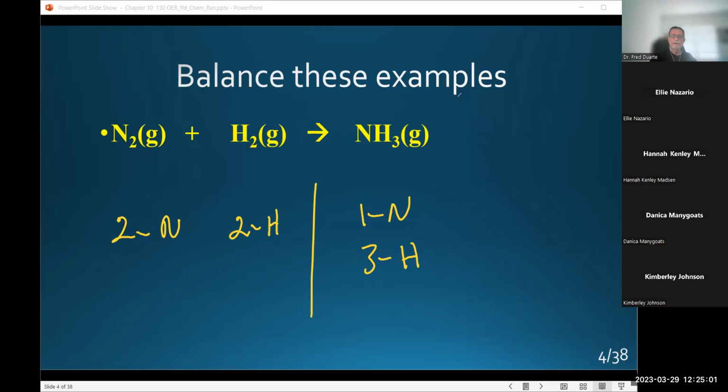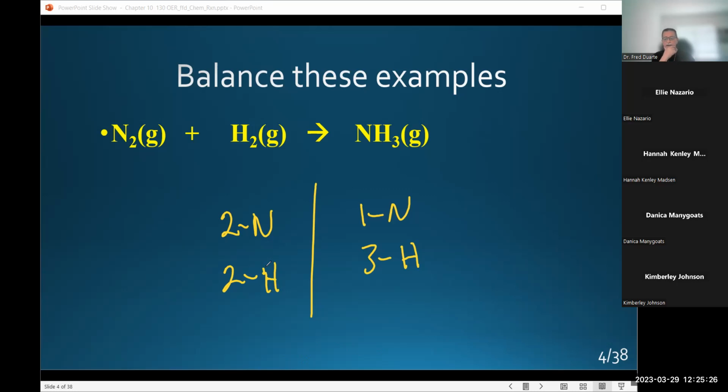So you can see there, let me rewrite this and keep it uniform, that it's not balanced. So we have 2 nitrogens here and 2 hydrogens here. We're not balanced. Now, how to balance this?